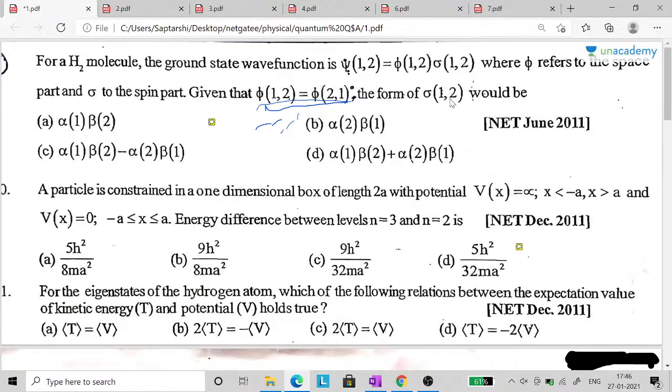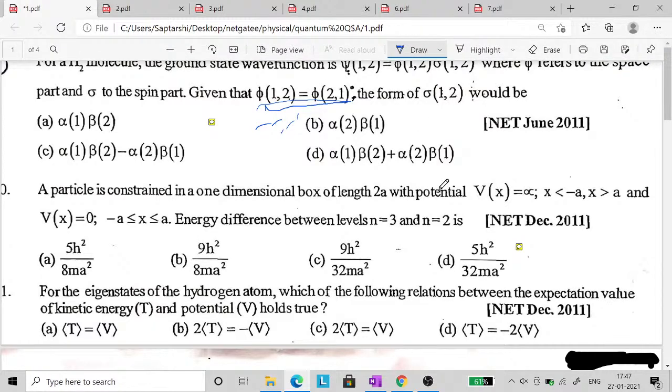Just wait a moment. Okay, so you got it. We'll look into this Slater's thing in a bit of detail.